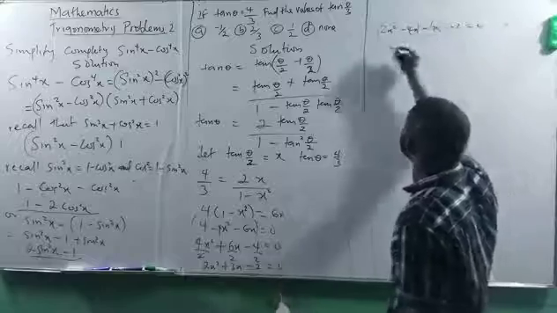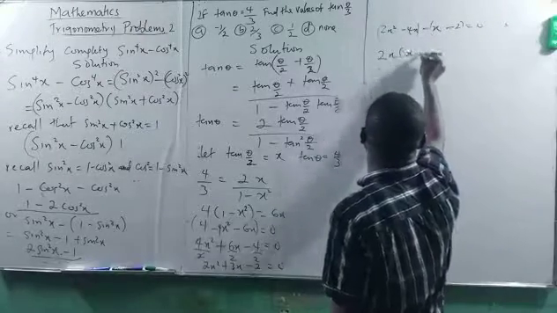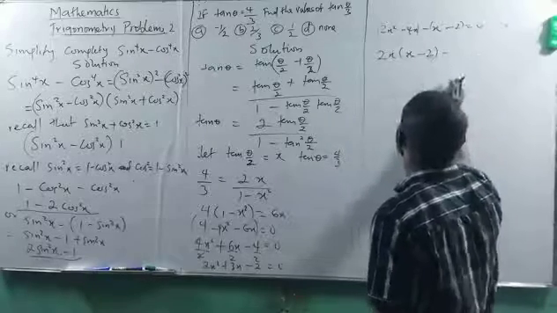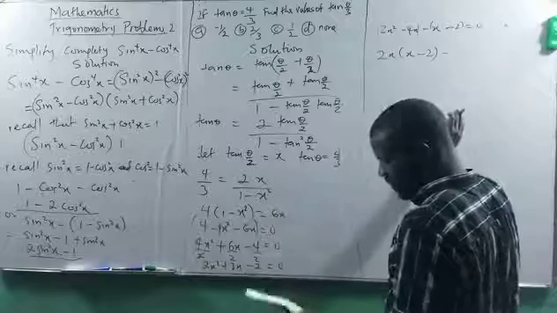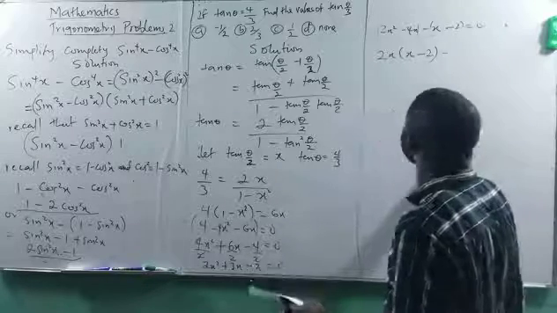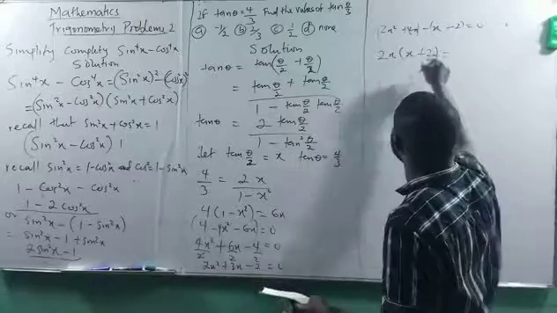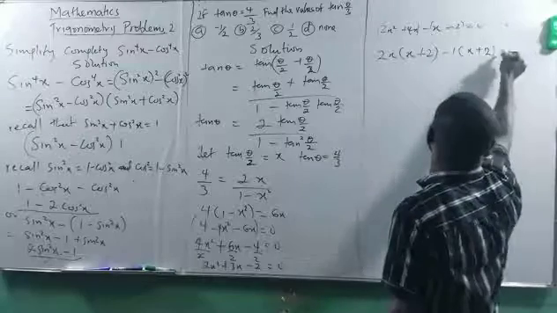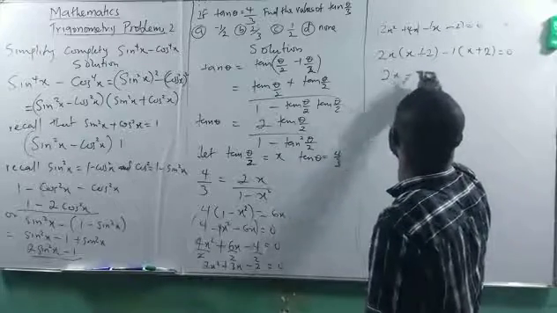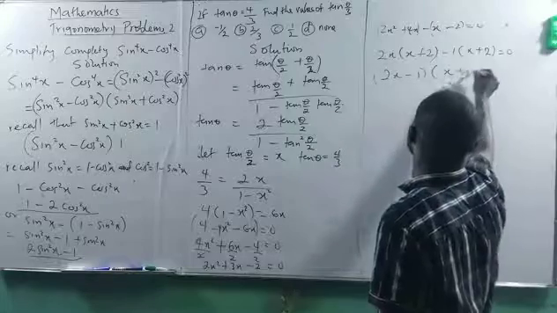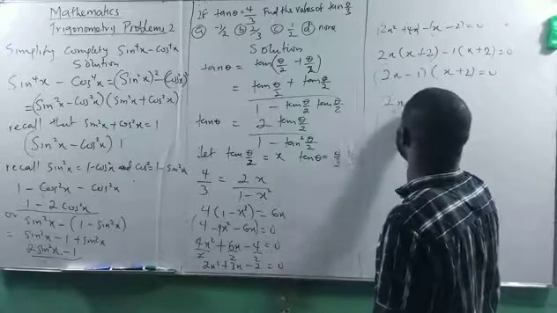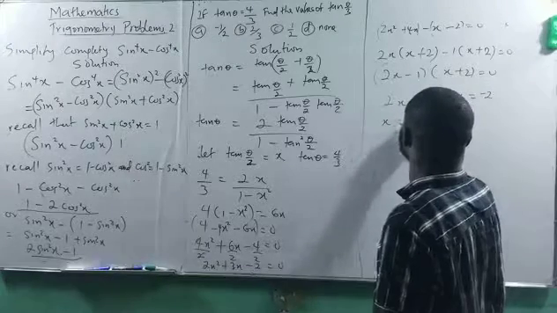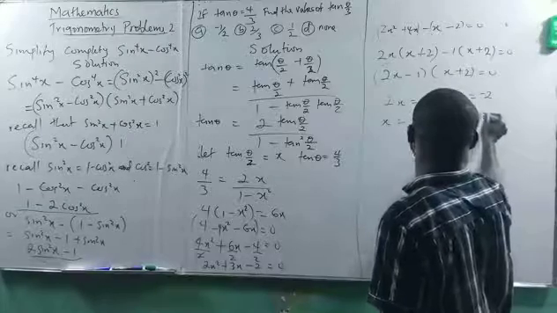I'll go into 2x bracket of x minus... there will be a problem here. Okay, here is supposed to be plus, sorry. Now, here will be x into bracket of 1 plus 2 equals 0. It means 2x minus 1 and x plus 2 equals 0. Now, 2x equals 1 and x equals minus 2. So x equals 1 all over 2 or x equals minus 2.